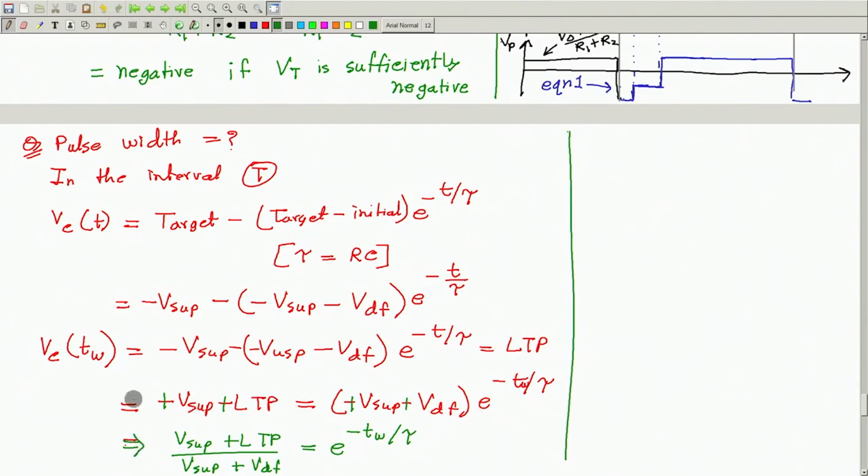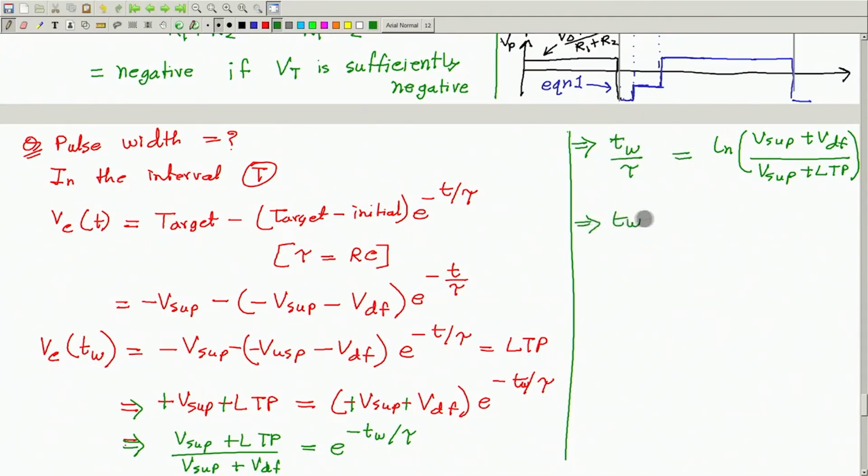From this I can write ln of the inverse of this will be TW by tau, and from this TW, with tau being nothing but RC, is RC times ln of the same thing.